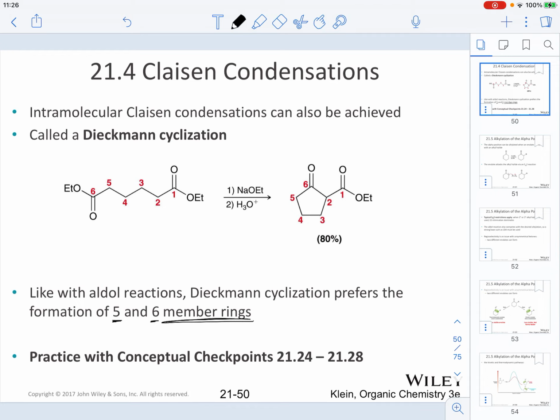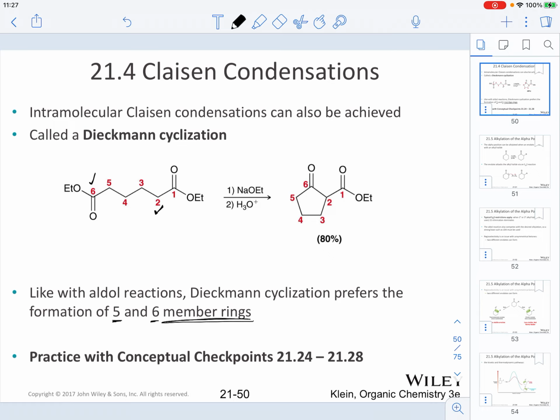remember, in this system, we are specifically going to have carbon 2, and this is just because of the way that it is labeled. Carbon 2 is the one that is going to be forming the enolate and is going to be attacking the carbon atom that is double bonded to oxygen at carbon 6, and that's how we are forming specifically that 5 member ring that we have as a product.